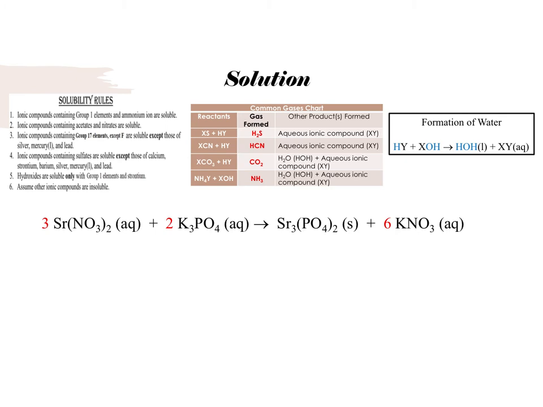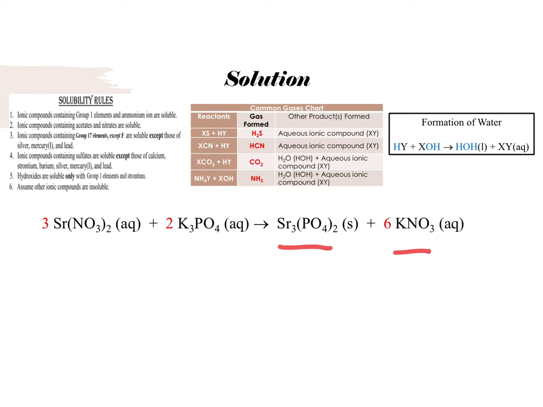Hopefully you got what I got. It doesn't matter whether you listed the strontium phosphate first or the potassium nitrate first. Those can be in reverse order. They don't have to be listed exactly like that, but that's everything you should have on the product side. What we really want to focus on is those states of matter for the products.